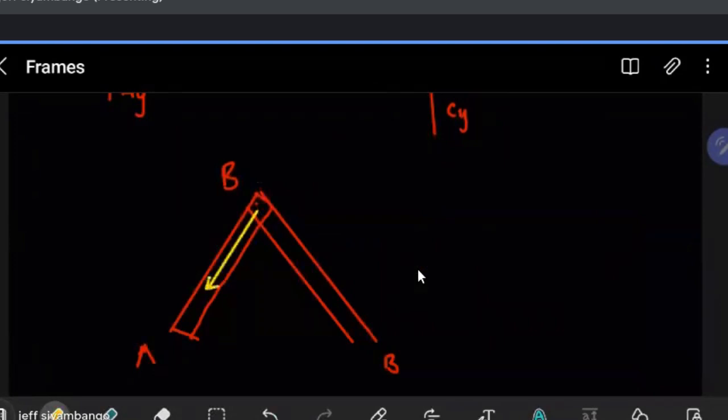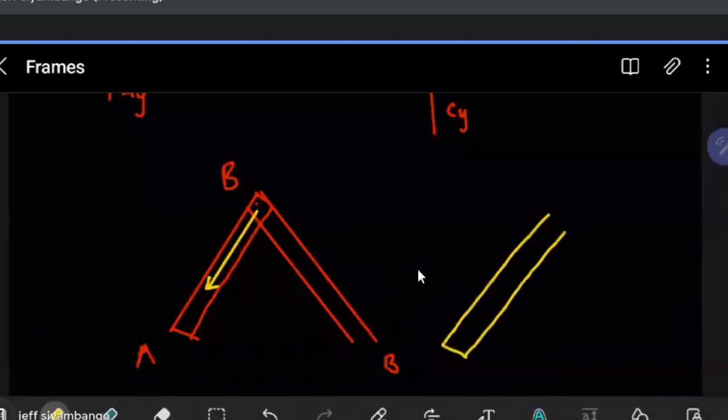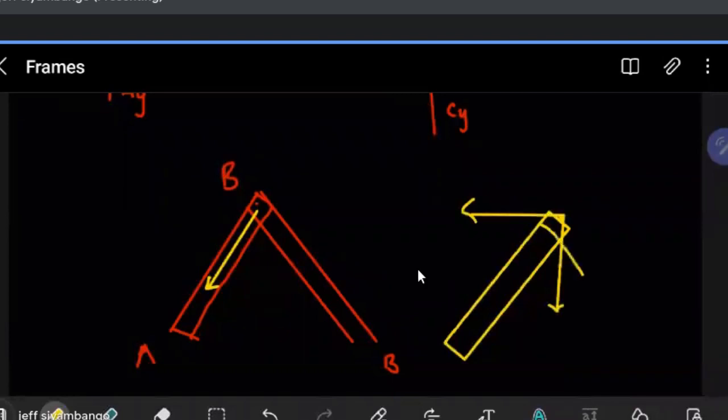This would imply that this member, when drawn on its own, will have forces, one going downwards, one going like this. Now, what does that imply for the other member? Okay, I can start like this and easily separate them.